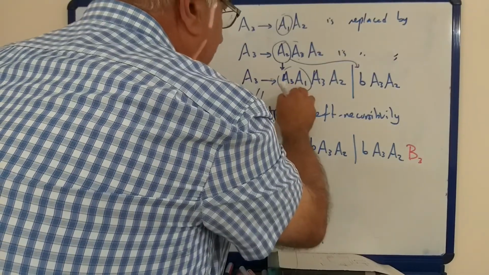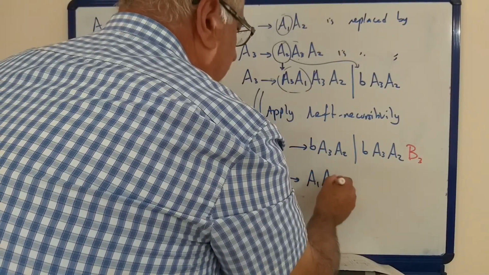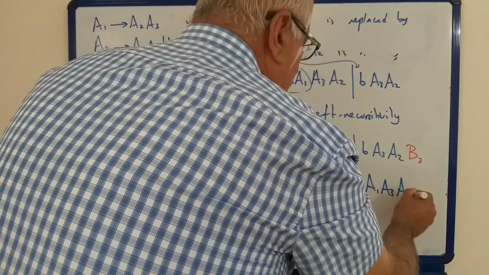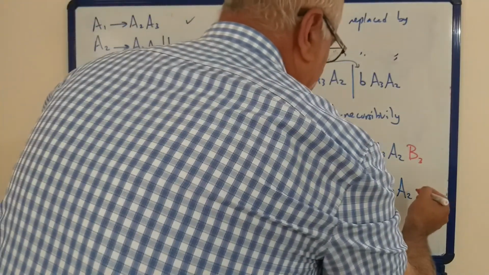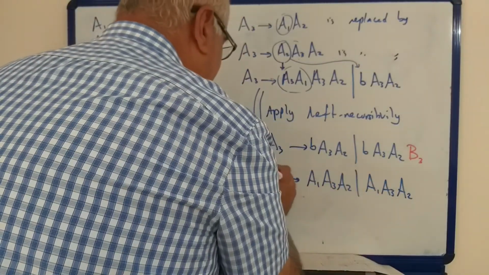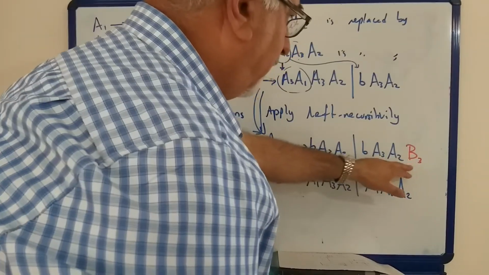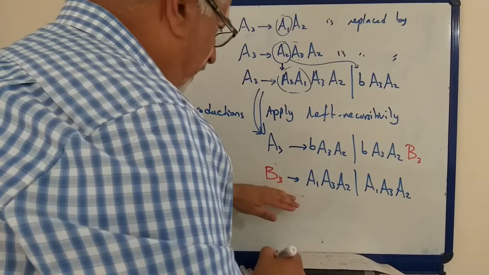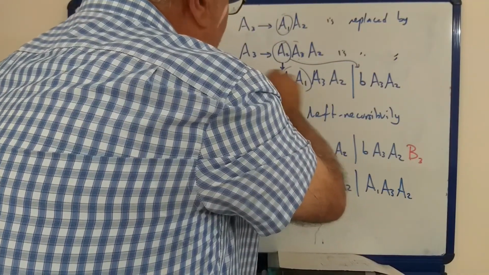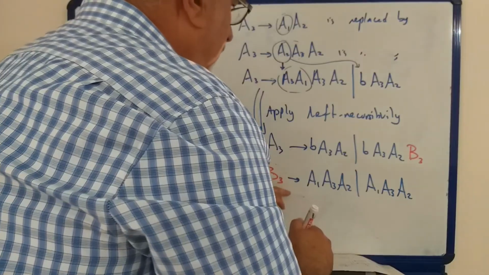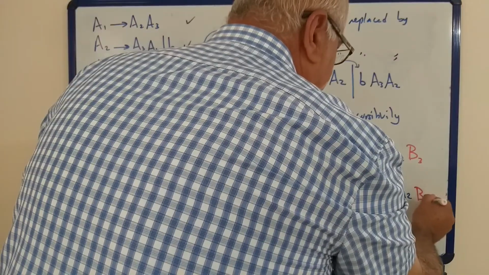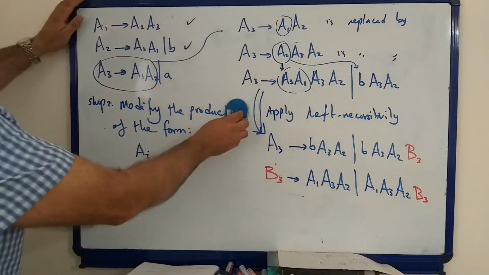A3 gives A1, A3, A2, or A1, A3, A2, and I will write it twice with the new variable. The new variable B3 will be A1, A3, A2, and I will repeat it with B3. I finished.